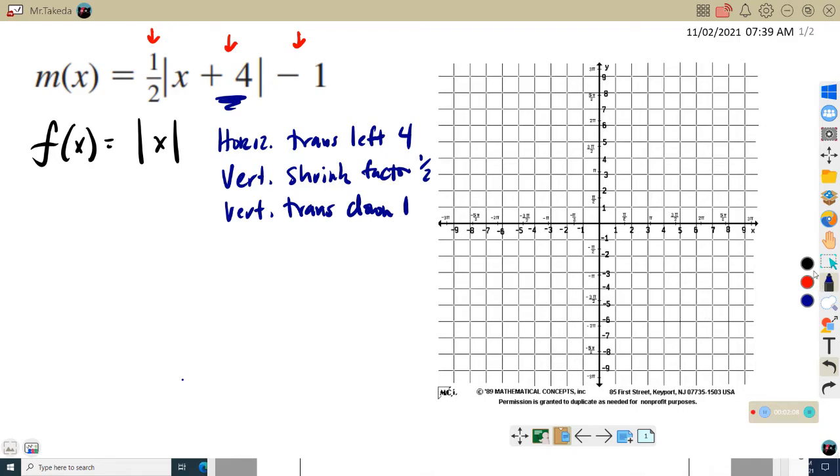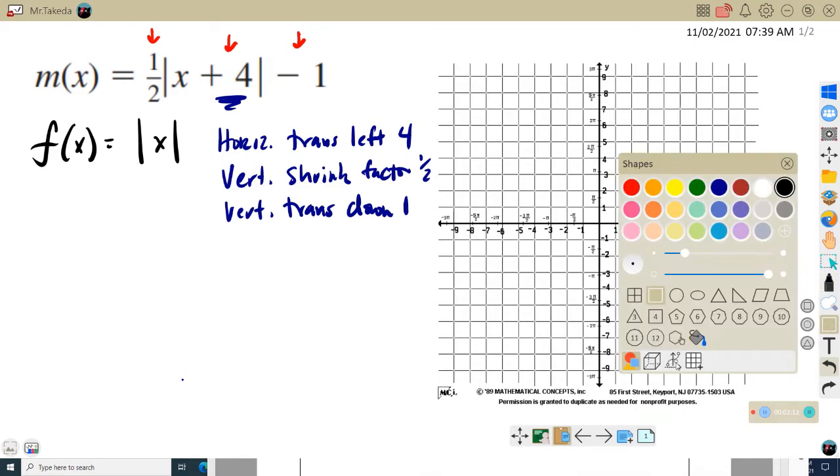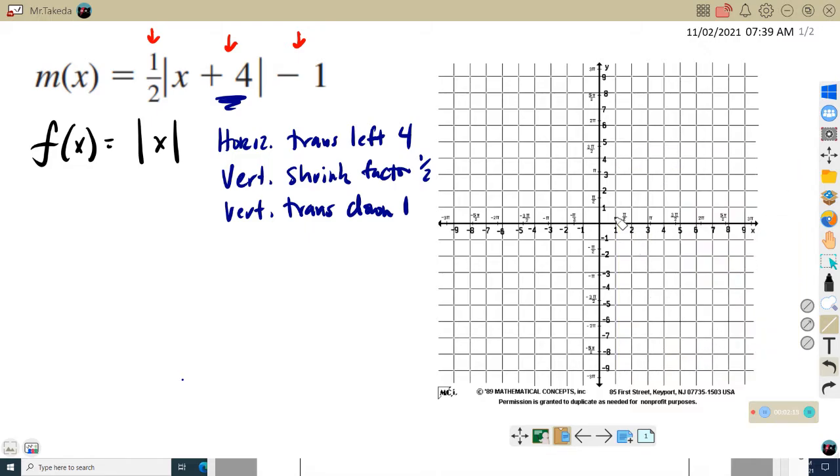Okay. Well, we know that if we graph this, normally the parent function would look like this, right? That's our parent function, the absolute value of x. It's just like a linear function, but with all positives.